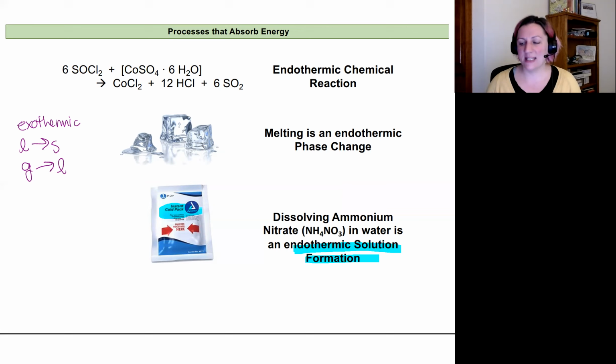And sometimes those little warm things that you put in your gloves when you go skiing or sledding are chemical reactions that are taking place, and sometimes there's solutions forming. So the instant cold pack example goes along with our endothermic. If it's generating heat and feels hot to you, it's an exothermic process.